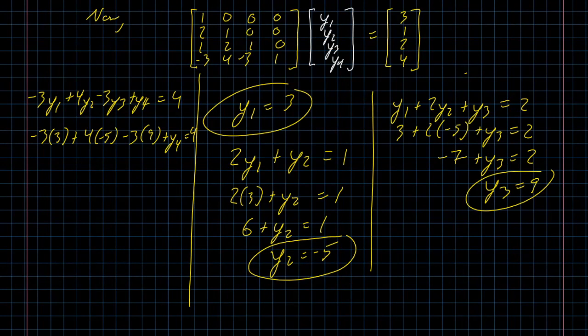So I can churn through that. -3 times 3 is -9, -20, -27. And that's a really hideous number, but we can work with it.